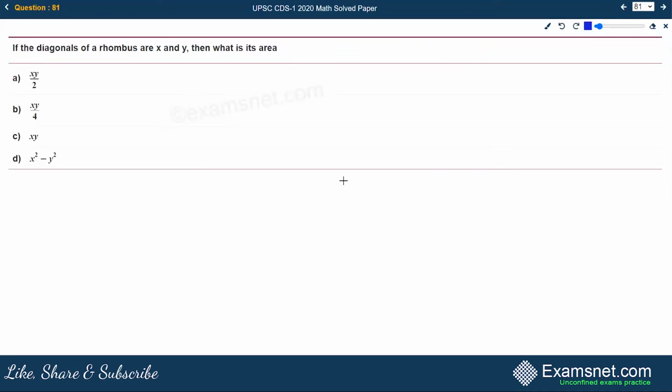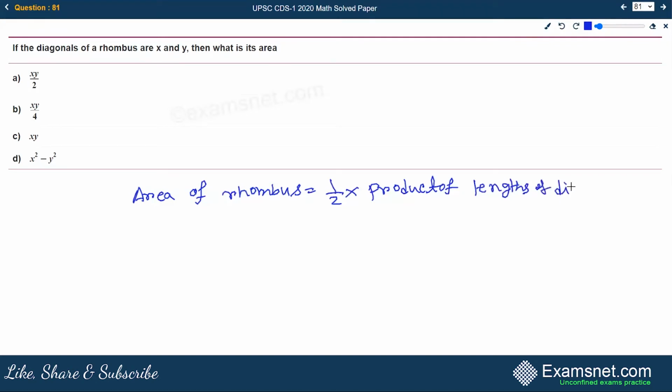In question number 81, we are given that if the diagonals of a rhombus are x and y, then what is its area? The formula we are going to use here is: area of rhombus is half multiplied by the product of the lengths of diagonals.